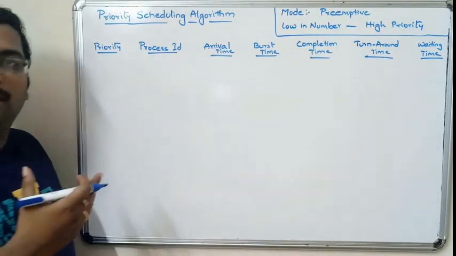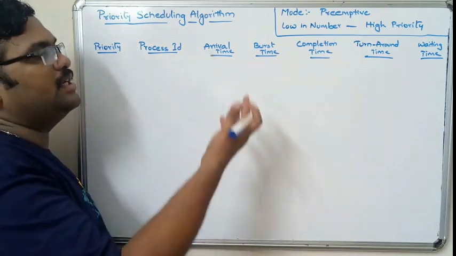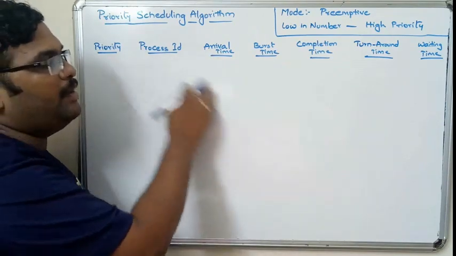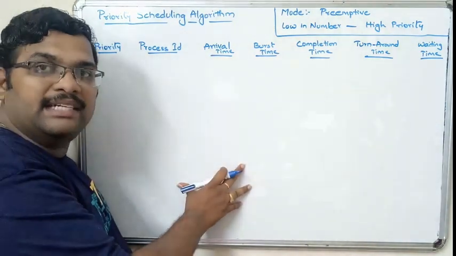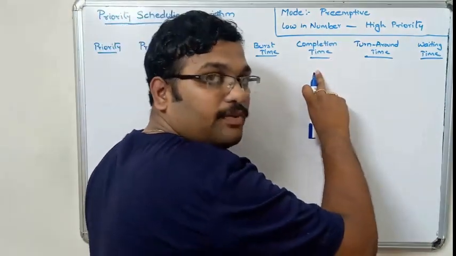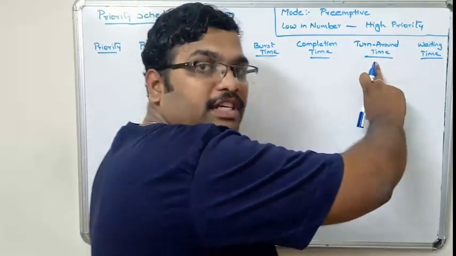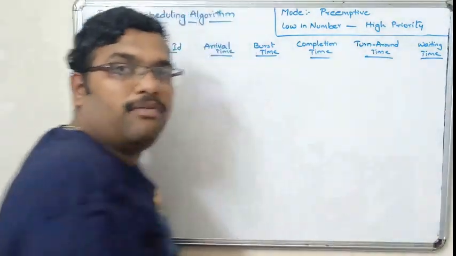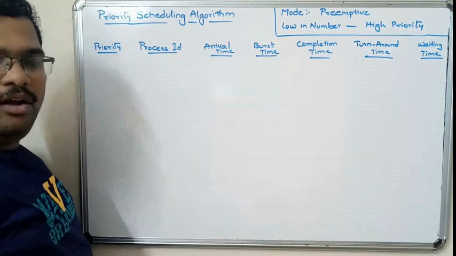Right? So we have to consider the processes, arrival time, burst time, as well as the priority, and based upon this we have to prepare the Gantt chart, and from that Gantt chart we have to find the completion time of each process, turnaround time of each process, as well as the waiting time of each process.